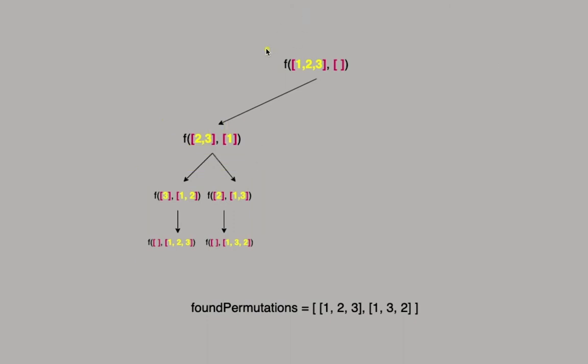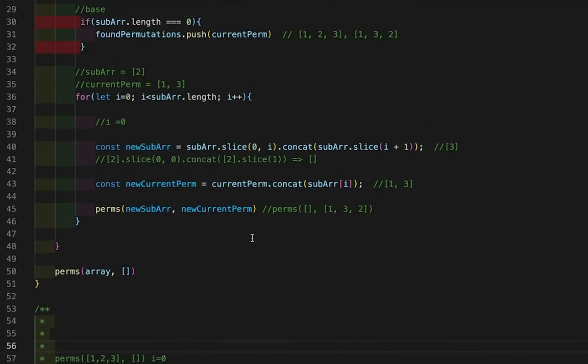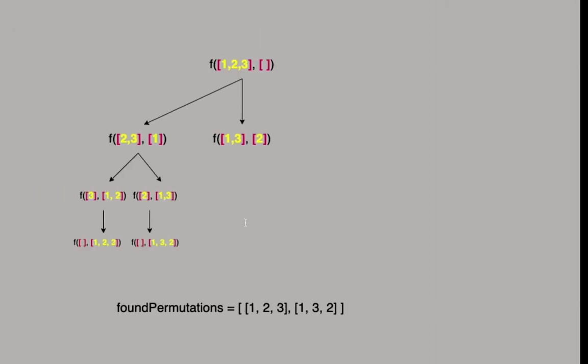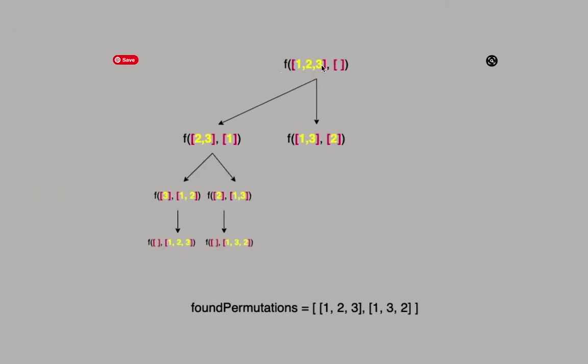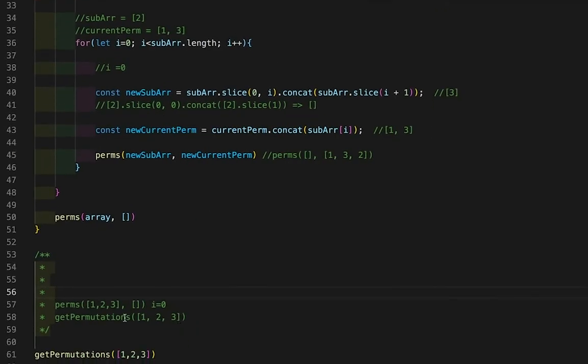So we're back up at the very top, where we're now going to iterate through I equals 1, or the value of 2. So we go back up to the top, and we have to construct a new permutation. So now we're at, again, 1, 2, and 3, right? But now we're at an I of 1.